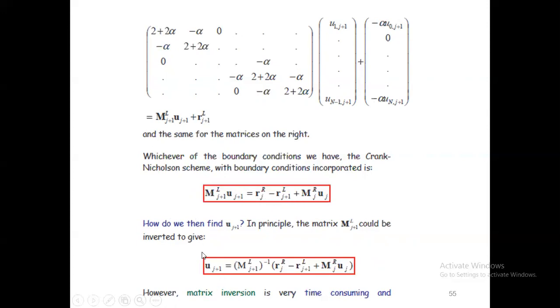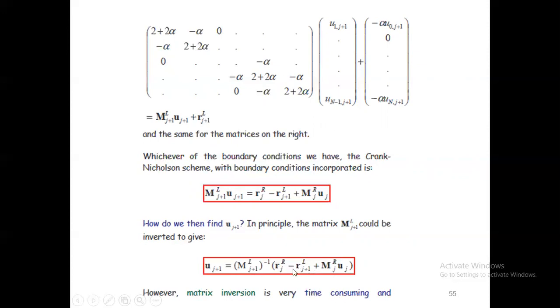And now a very important point is that the temperature at the j plus 1th time is given as the temperature at the jth time times the matrix at the jth point. Now remember, these matrices will be known to you. How? Through lambda, through the tri-diagonal matrices. Okay, these are the tri-diagonal matrices.